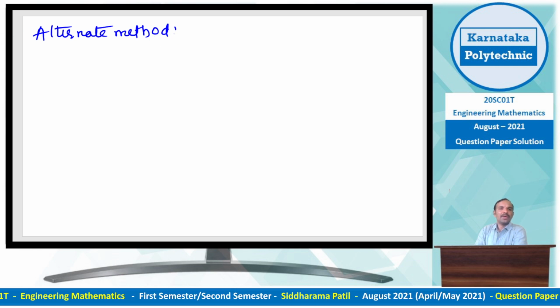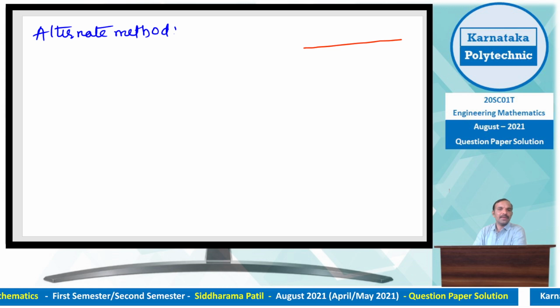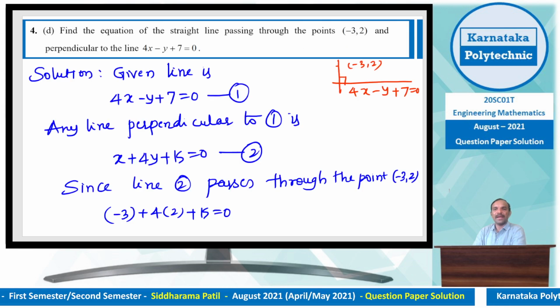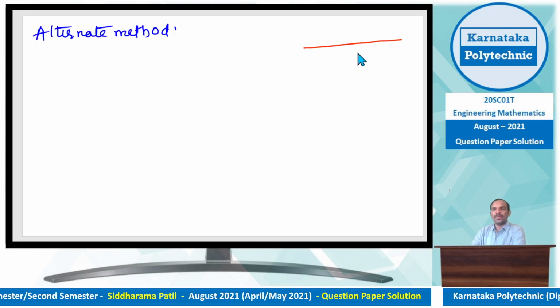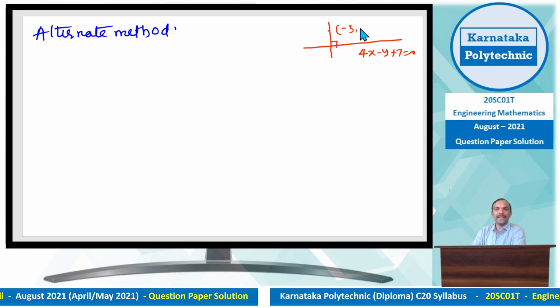Now what have they given? They have given a line equation. What is that line? 4x minus y plus 7 equal to 0. You have to find out the line perpendicular to it passing through minus 3 comma 2.